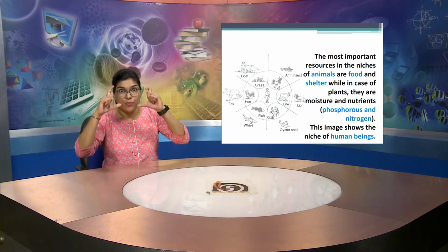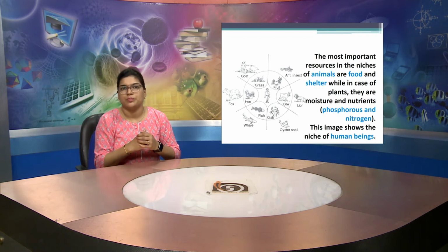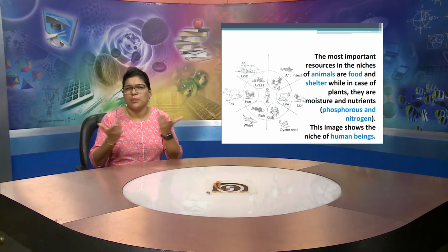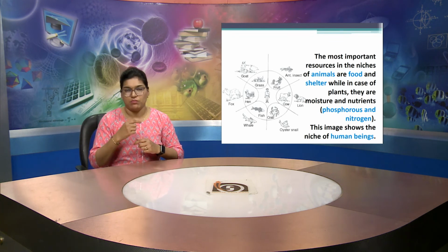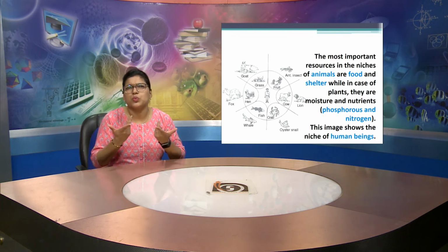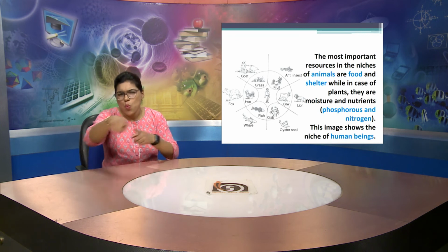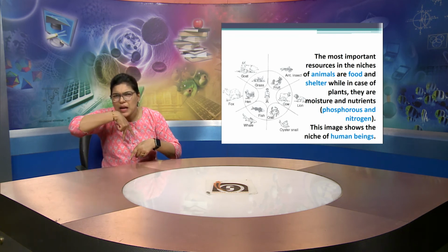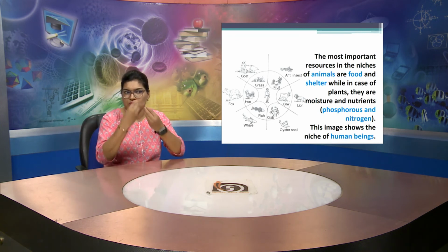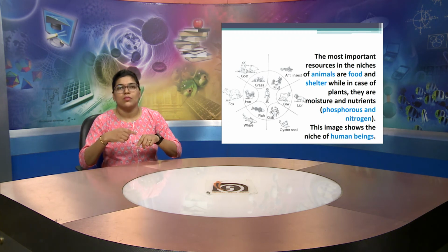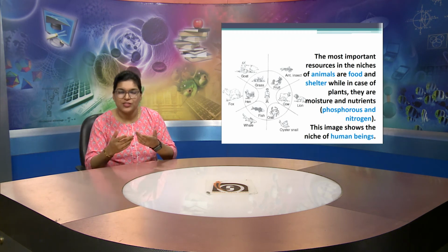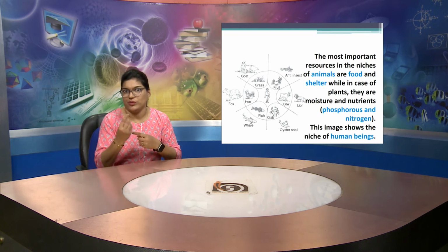The nutrients of the plants are phosphorus and nitrogen. In this image, you can see that there is an animal and also there are different foods shown along with that animal.